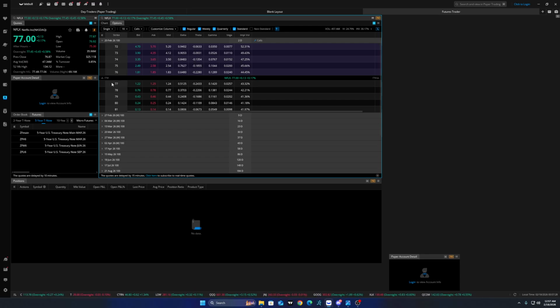Each contract, you're buying 100 shares of that specific contract. What I mean by that is you're not buying 100 contracts of $77. You're buying the contracts right here from the bid and the ask. The asking price is what sellers are asking for, and the bid price is what buyers are willing to pay.